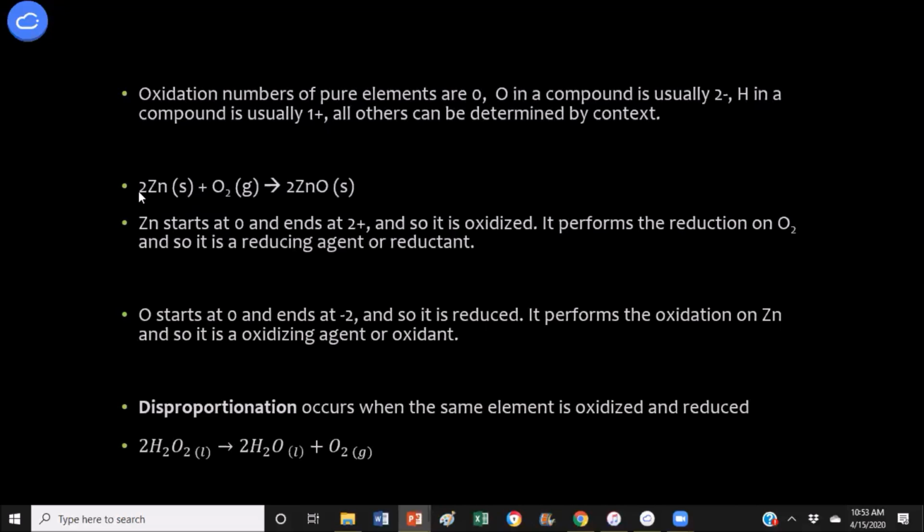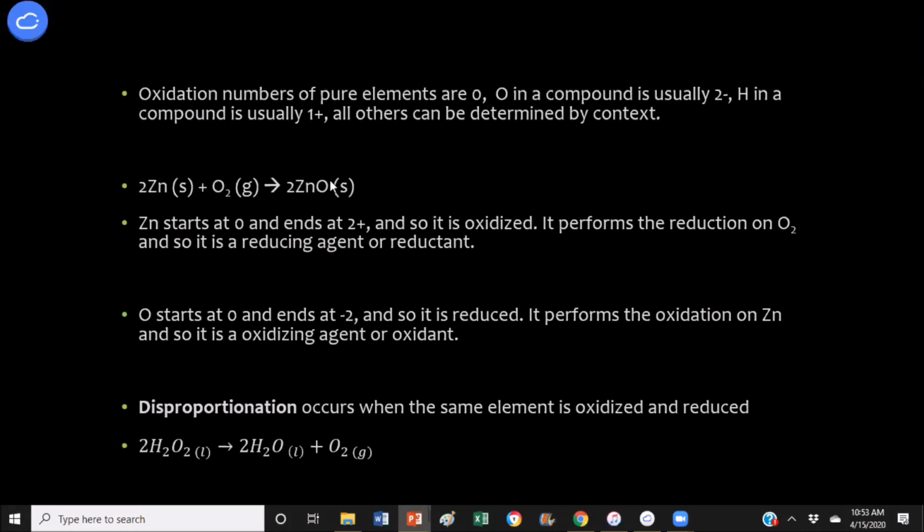So looking at this, 2 zinc solid, zinc in its standard state, plus oxygen gas, well, oxygen in its pure elemental standard state goes to 2 zinc oxide, a compound. Well, pure element is 0. Oxygen, pure element, 0.